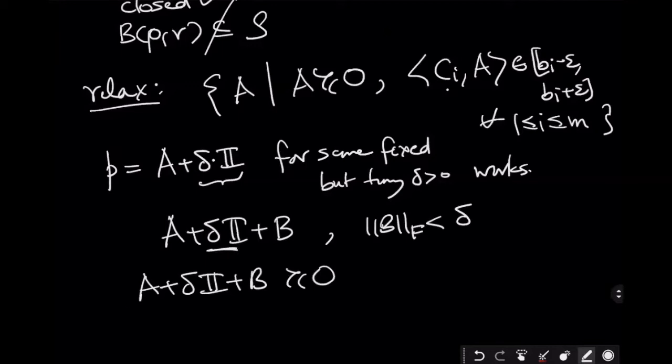So this matrix will still be PSD. And in addition, if I control the Frobenius norm of B, I would continue to satisfy all these constraints up to some epsilon slack. Okay. Does it make sense? Good. Yeah, that's why this perturbation by delta times identity kind of helps. Good. All right.